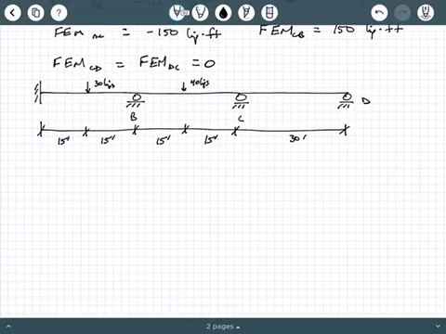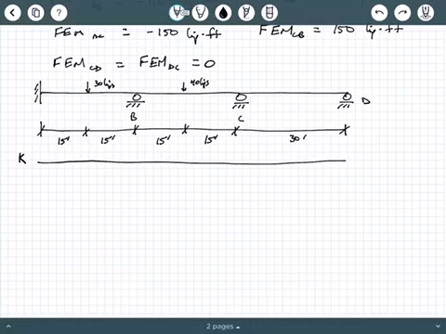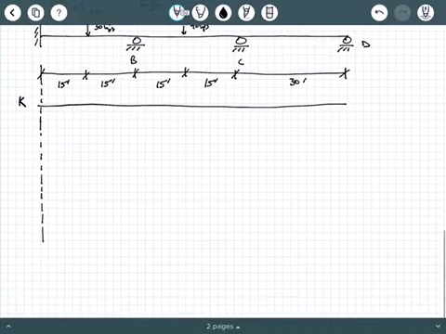Okay, now the next thing I like to put is a row indicating the stiffnesses. And again, we can put dashed lines all the way down to help us create a boundary for our table.